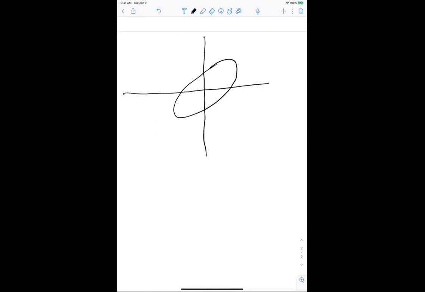And I've been drawing the picture in standard units. That point is 0, 0.